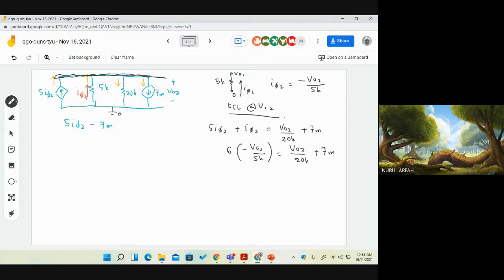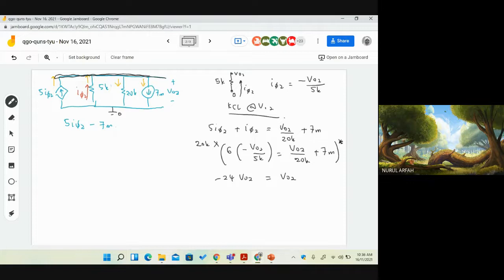Alright. And then this one, maybe you want to multiply by 20k. Okay tak? Multiply here, 20k, and you get this one, 4. And then equal to, okay, tak apa, V02, and this is milli and kilo, you can just remove because these two cancel out.